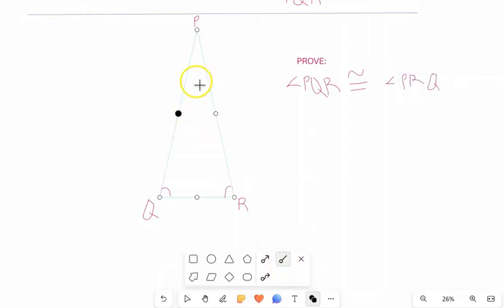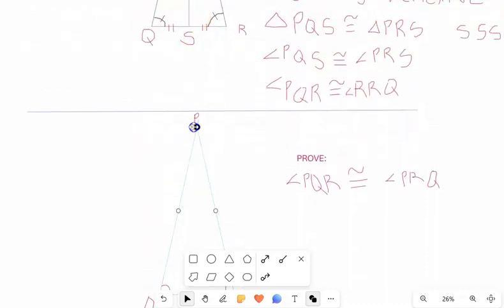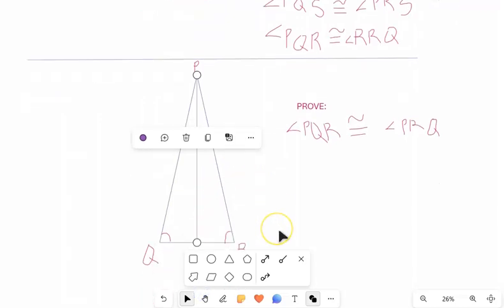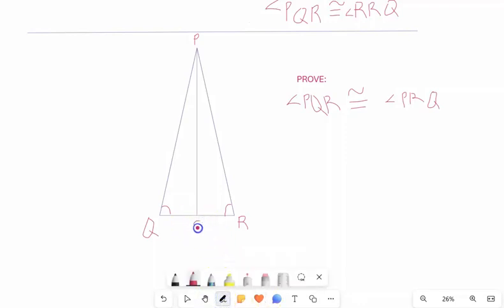We're going to do something similar to how we drew the line up from the midpoint to the top, but this time we're going to draw from the top point all the way down to the bottom. We want this line to go straight from point P down to the base QR. We'll call this intersection point S, similar to the first one.